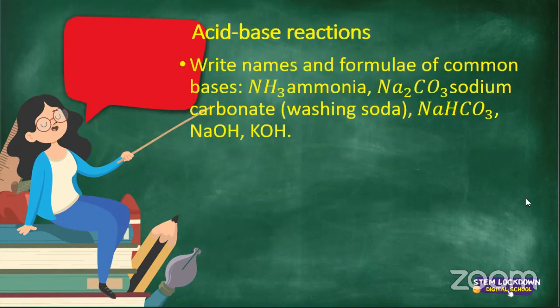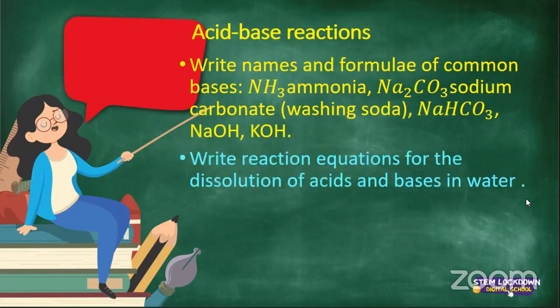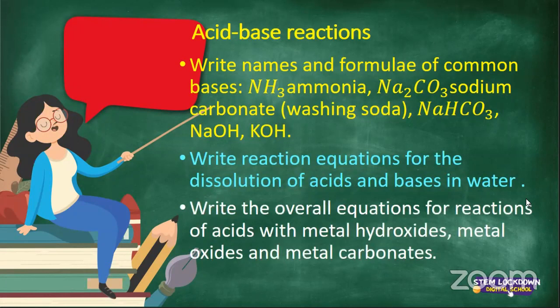You should also be able to write the names and formulae of common bases, for instance ammonia, sodium carbonate, which is also called washing soda, sodium hydrogen carbonate, sodium hydroxide and potassium hydroxide. And you should be able to write the reaction equation for the dissolution of acids and bases in water. And finally, you must write the overall equation for the reaction of acid with metals, metal oxide, and metal carbonate.